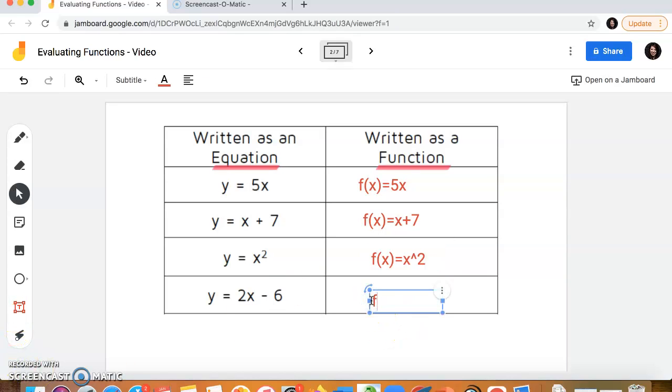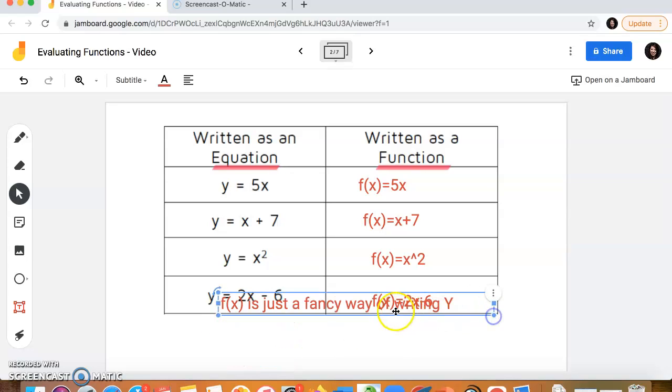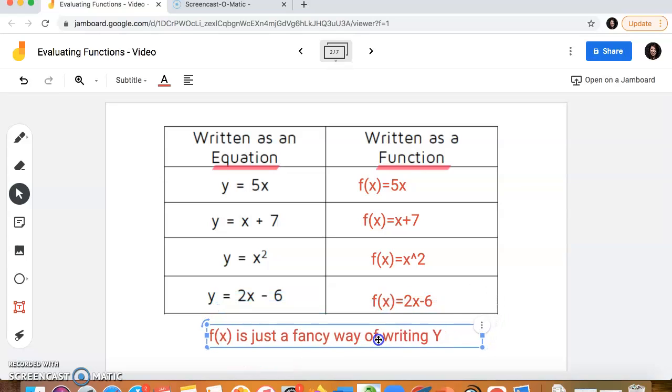We're just writing f of x instead of y. And just as a reminder, f of x is just a fancy way of writing y. Okay? So again, if I'm going too fast, pause the video. Moving on to the next slide.